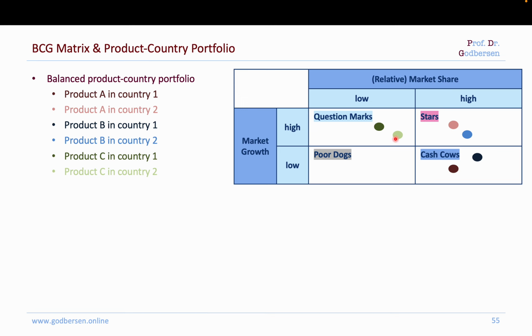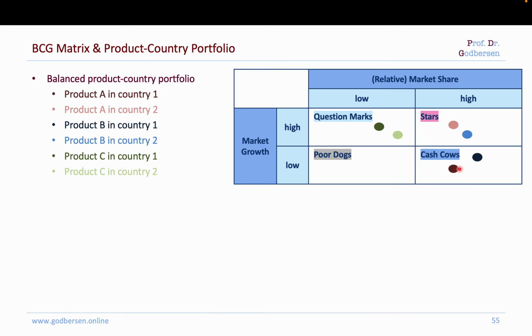We have a few product country combinations in the question mark quadrant, a few in the stars quadrant, a few in the cash cow quadrant. And of course, we do not want to have poor dogs.